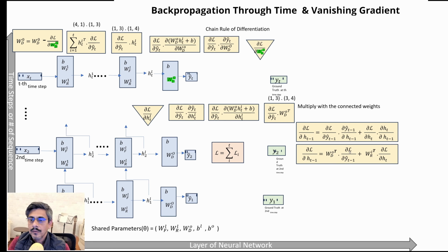So we have the differentiation of loss with respect to y2. For the remaining term, we just multiply that with the connecting weight, which is WD between these two. And for the time axis, we can see that HT's relationship with HT minus 1, H2, is connected via WR, the recurrent weight. So following the same pattern, we multiply that by WR.